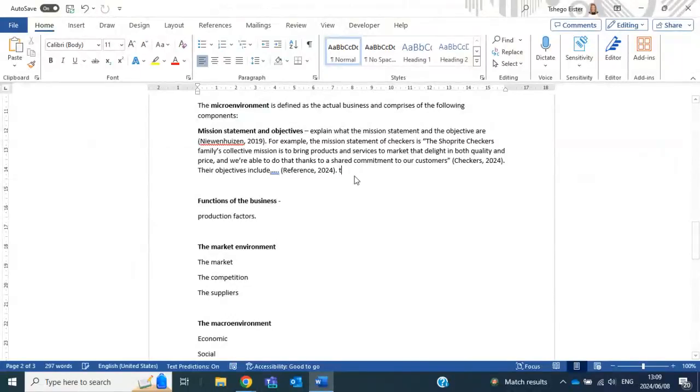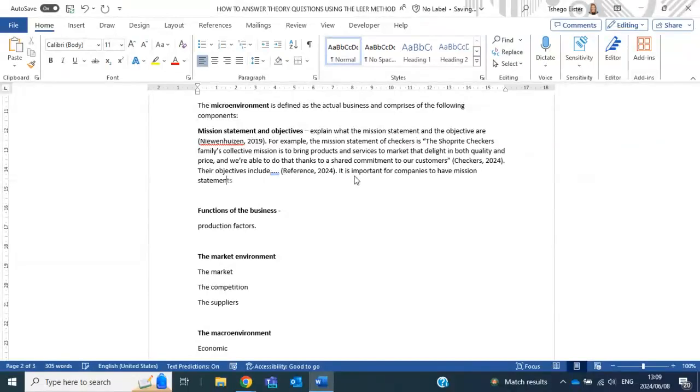As an additional source, it is important for companies to have mission statements because it aligns the people, the company, the personnel. I'll say personnel because we're trying to paraphrase. It aligns the personnel with the company.